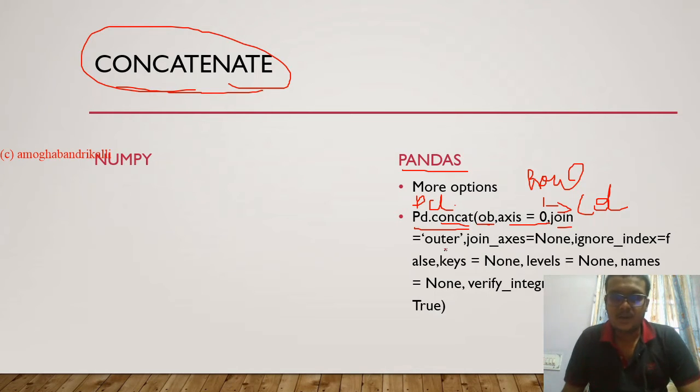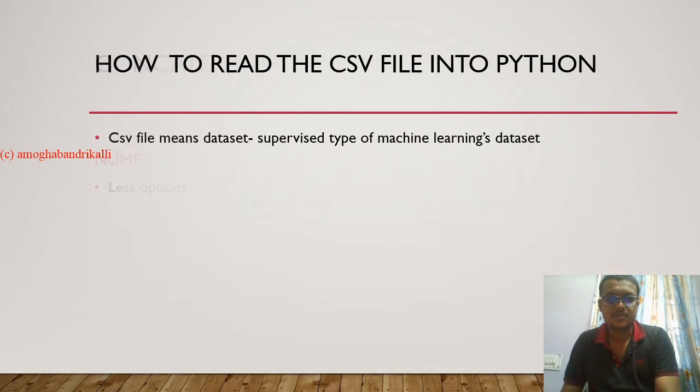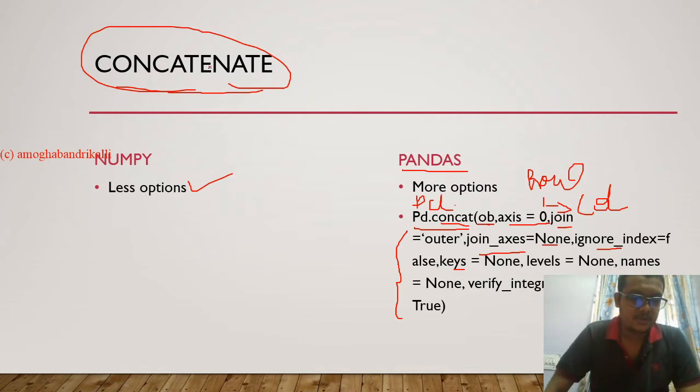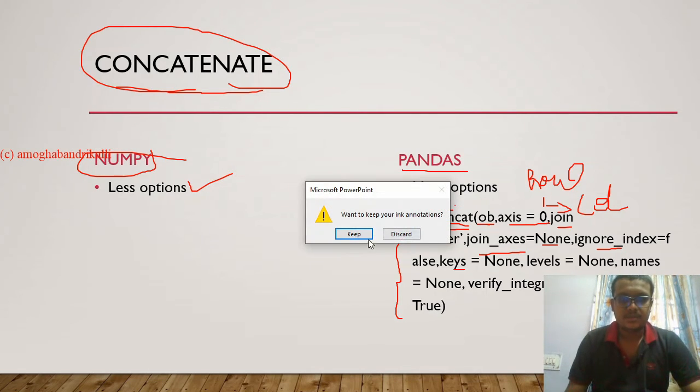You can also set join to outer, join_axes to none, ignore_index to false, and keys to none. You have too many options here, whereas in NumPy you have far fewer operations, only simple ones. So we can just see those things.